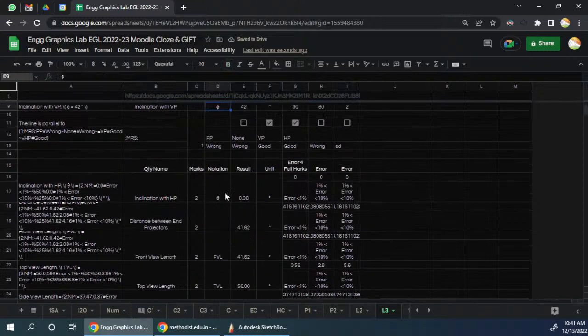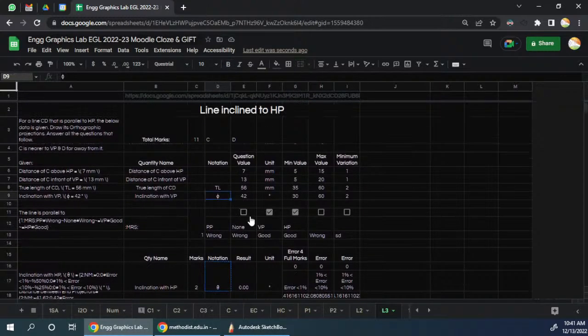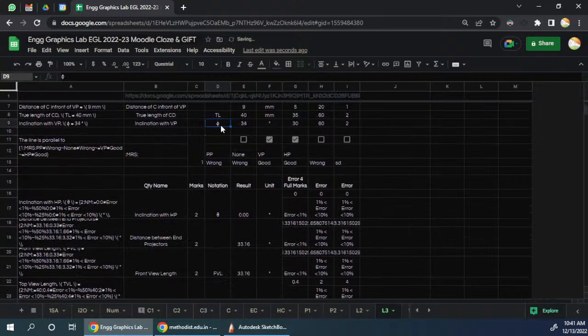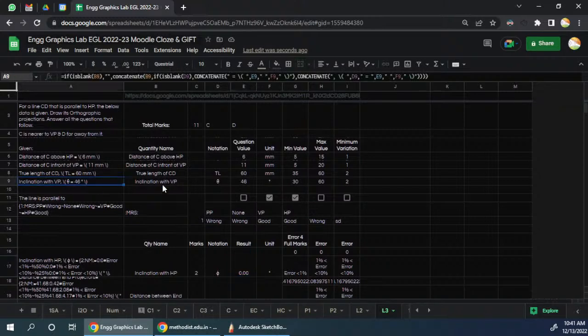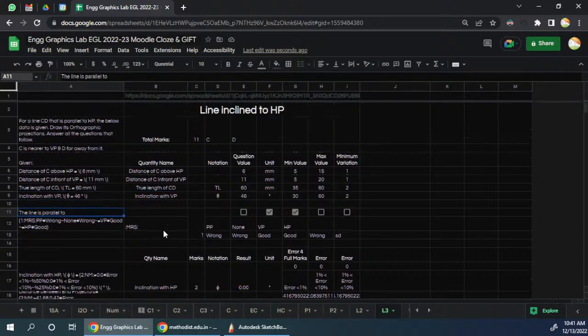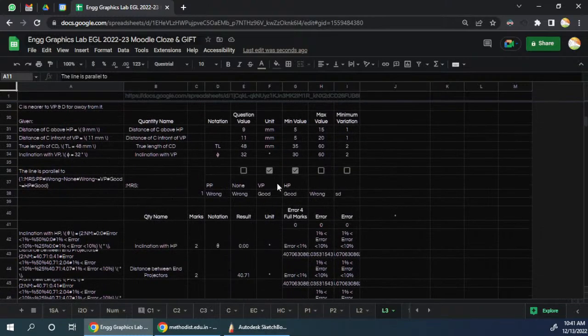So here this is going to be T2. This is going to be the same.